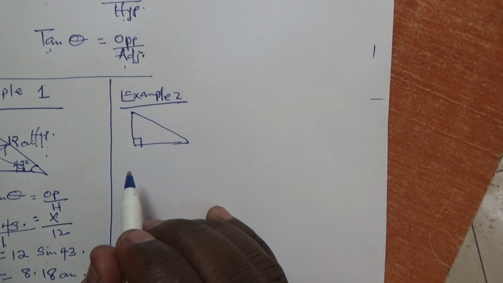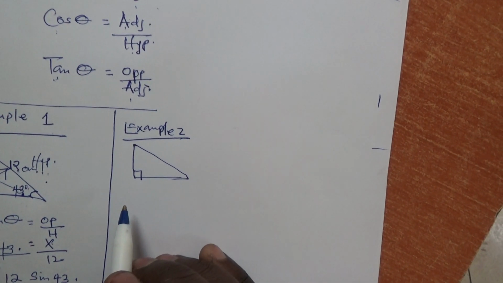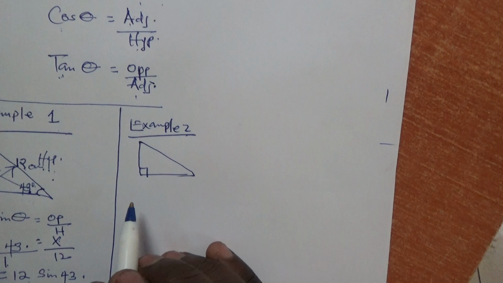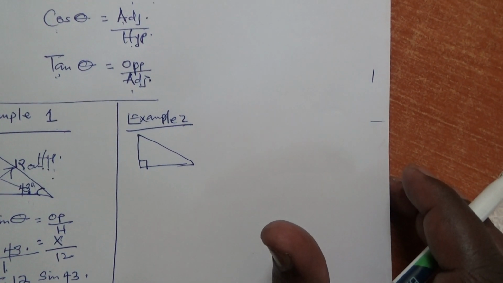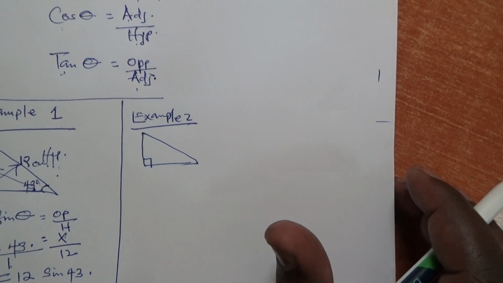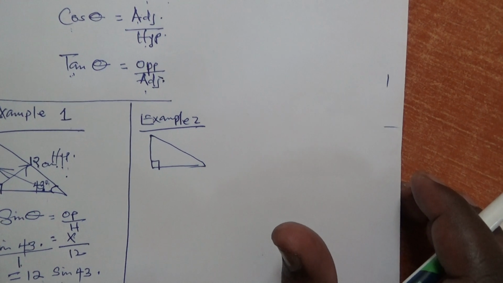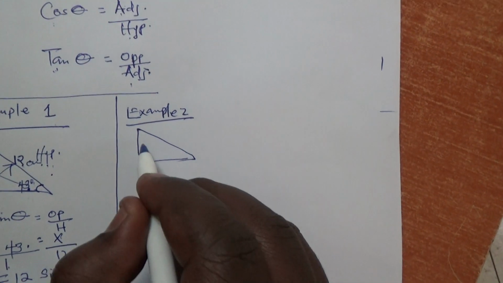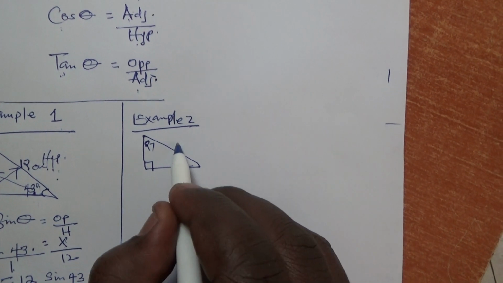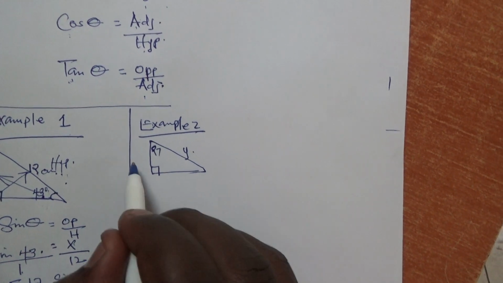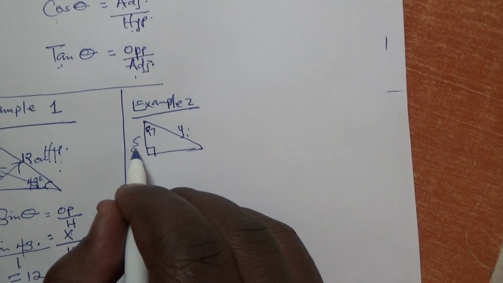How do I know this dimension? We have here to be 27, and then we have here to be y, and then we have here to be 5. So you're being told to find the value of y.